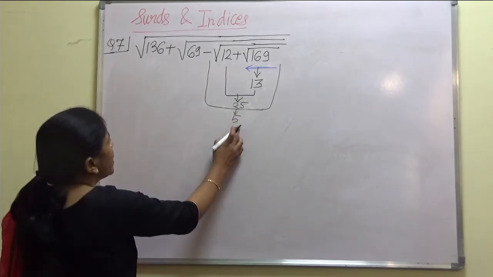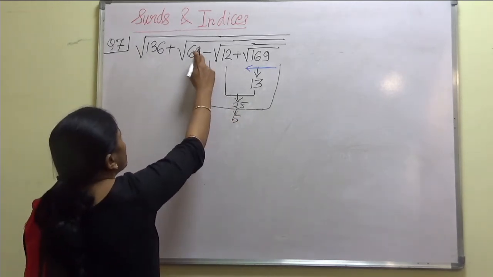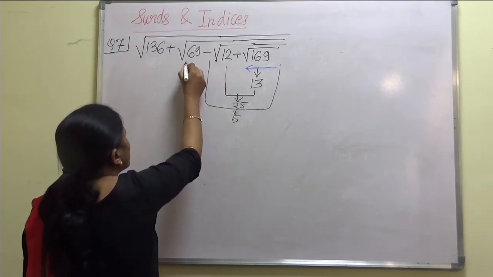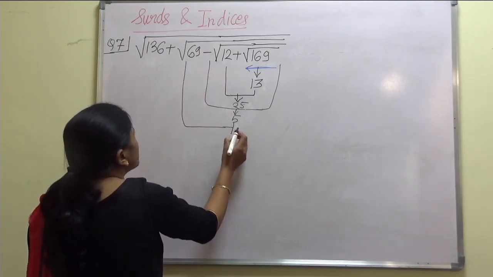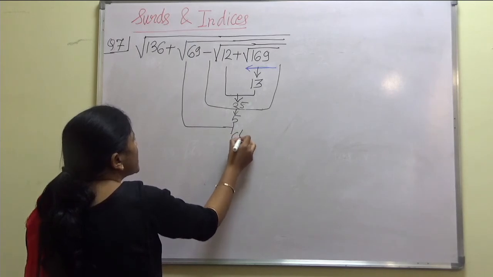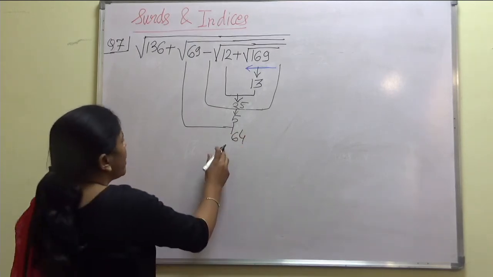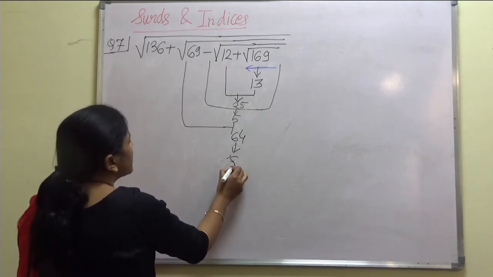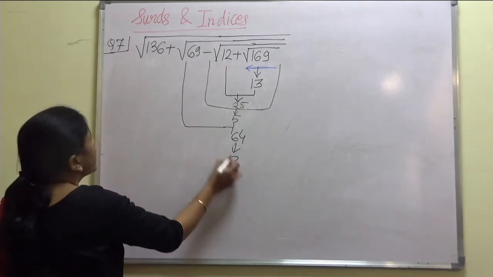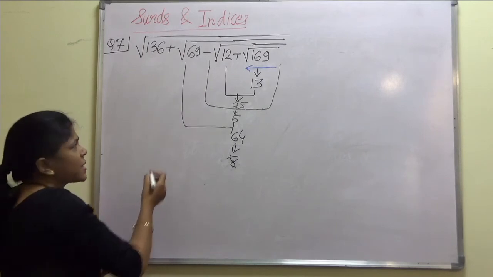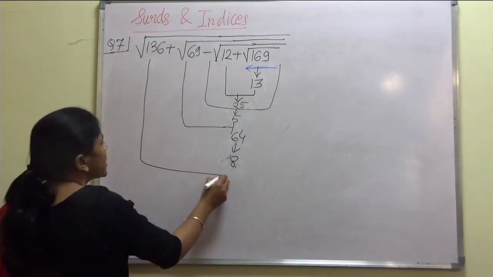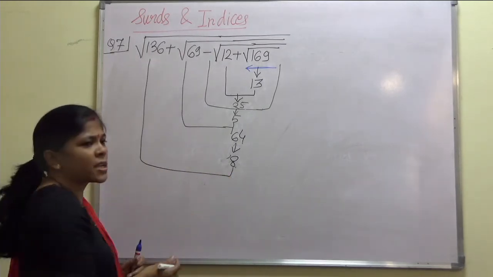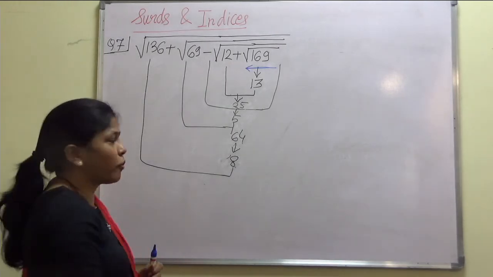Okay. Then again take this 5. Under root of 69 minus 5. So this gives what? 69 minus 5, that is 64. Okay. Now then under root of 64 gives you 8. Okay, then add this to 136. So what we have? 136 plus 8, 144, right?